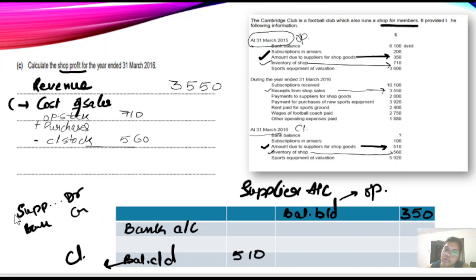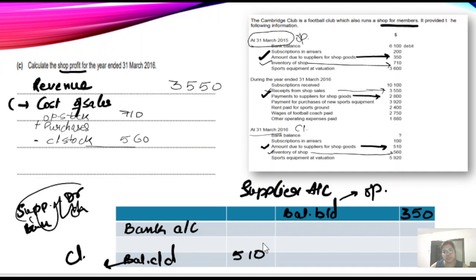So in the supplier account you need to record whatever payment you made. So what you paid to the supplier, payment to the supplier of the goods, that is 2800.